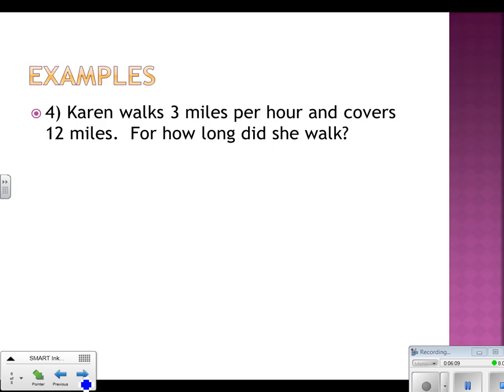Karen walks 3 miles per hour and covers 12 miles. For how long did she walk? In this problem, we're using the formula distance equals rate times time. And we have her distance per hour. If we're looking at her distance per hour here, that is going to be her rate.